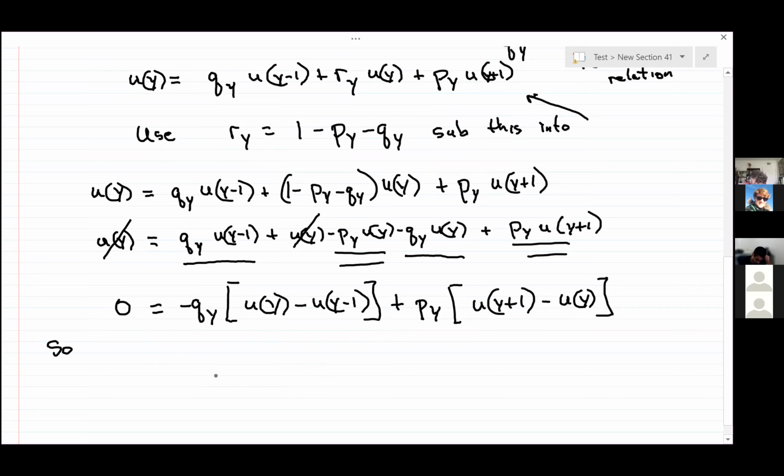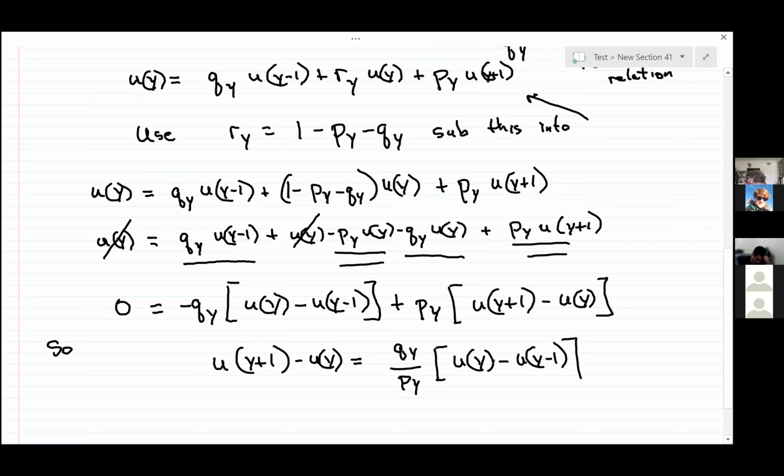What I want to say, following the author's argument, is that u of y plus 1 minus u of y could be seen to be equal to q sub y over p sub y times u of y minus u of y minus 1.